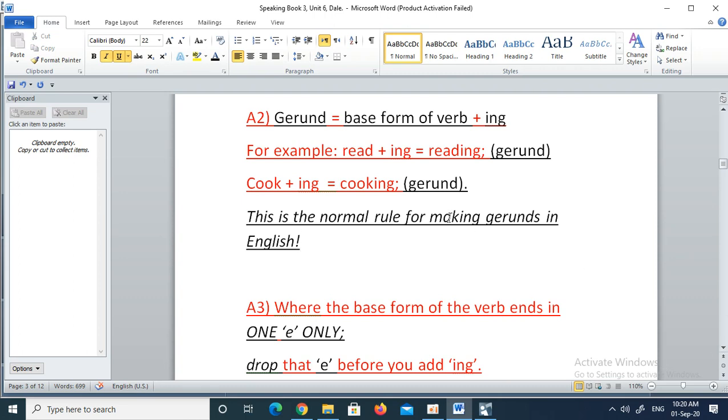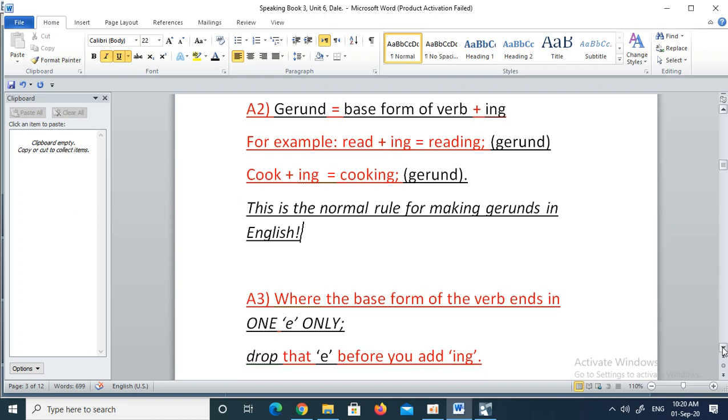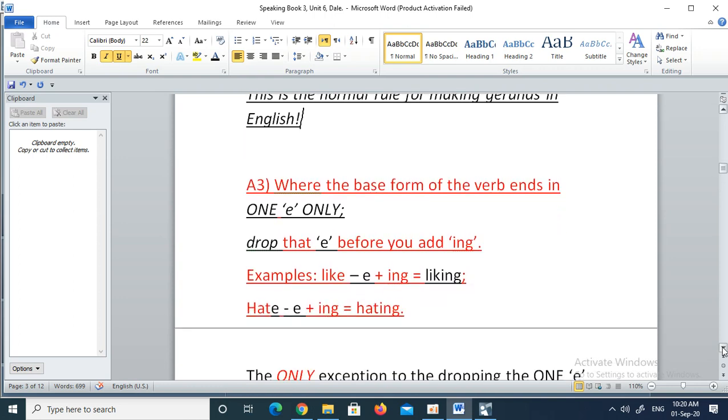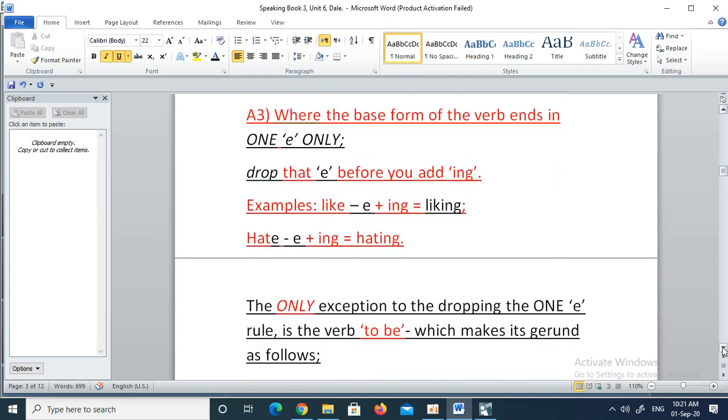Now, that is the normal rule for making gerunds in English. The rule varies, however, where the base form of the verb ends in E. Where the base form of the verb ends in one E only, drop that E before you add the suffix ing. So for example, if our base form is like, we have an E at the end of like, we take away that E, then we add ing and we get liking.